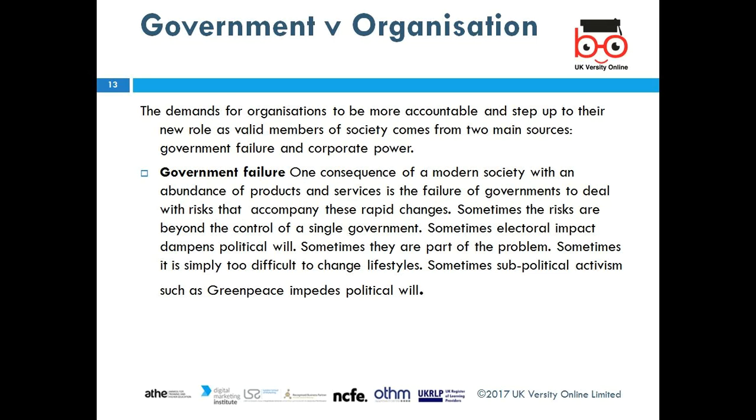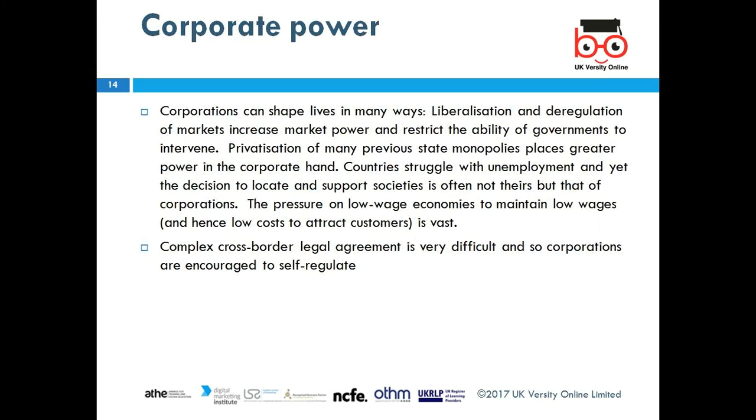Sometimes it's simply difficult to change the lifestyle of the people, but we need to look at green politics. Corporations can shape lives in many ways: liberalization, deregulation of markets, increased market power, restricting the ability of the government to intervene, privatization of many previous state monopolies, not creating monopolies but providing fair, healthy competition between organizations.